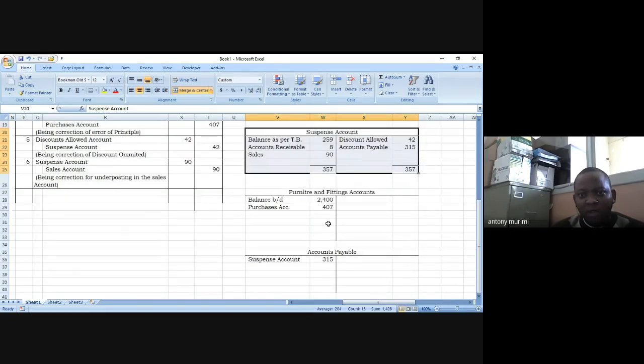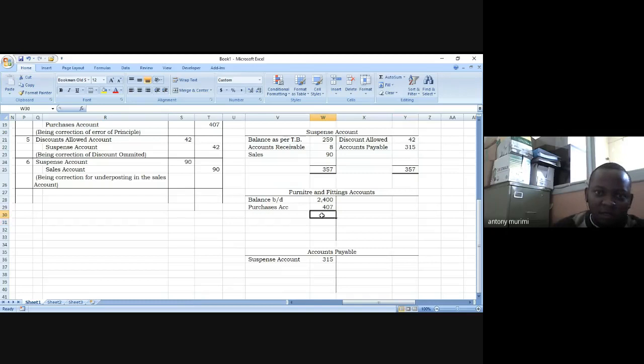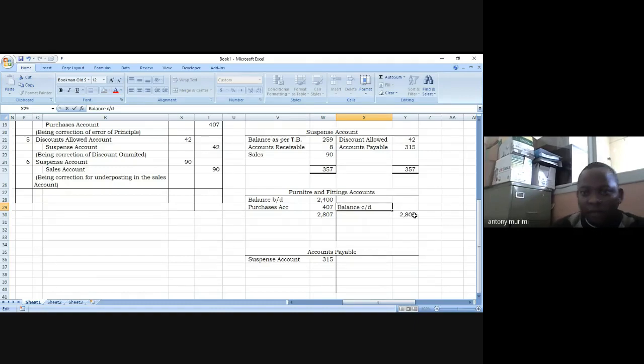Then we balance off the furniture and fittings. The balance carried down for furniture and fittings is 2807.